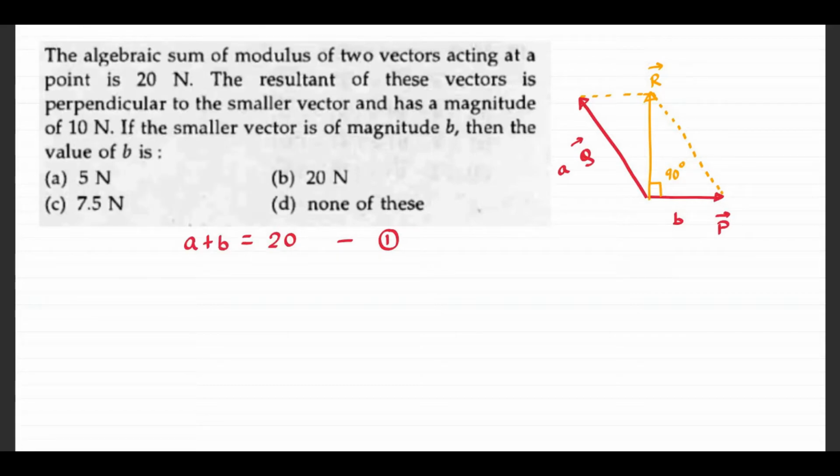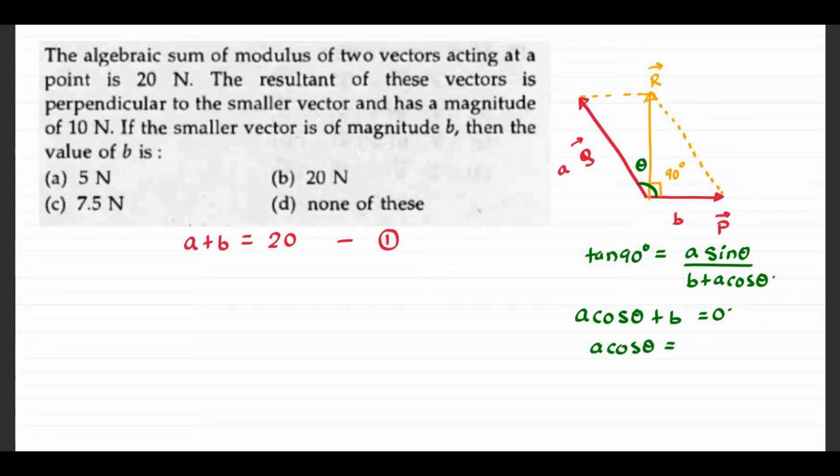Also we can say theta is the angle between them. Tan 90 is infinity, so I can say A cos theta plus B is 0. So A cos theta is minus B. This is one more equation, equation 2. It is also given that the resultant of the two vectors has a magnitude of 10.